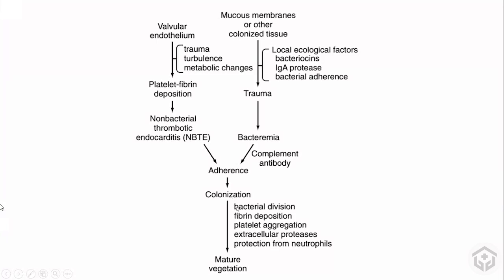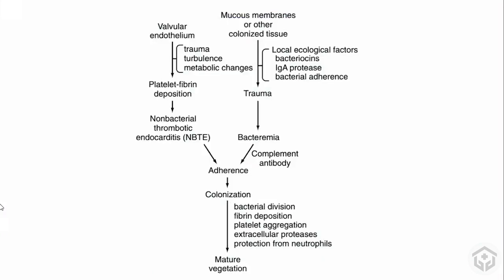After colonization, on top of the bacteria, again fibrin will be deposited. So this organism will be hidden from the flowing blood, and the bacteria divide, invade the adhered tissue and cause damage, and the mature vegetation will develop.